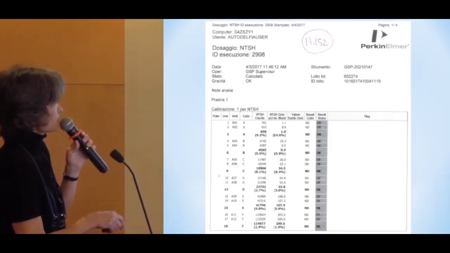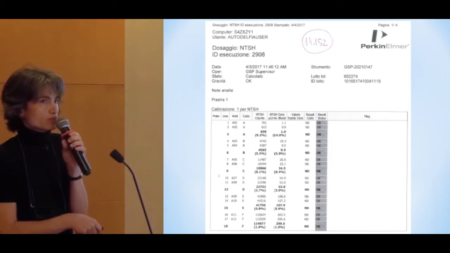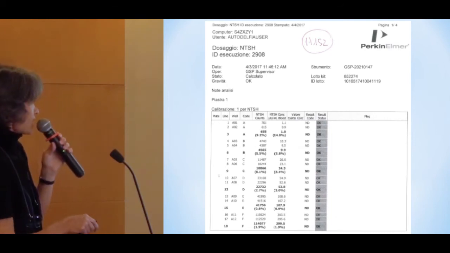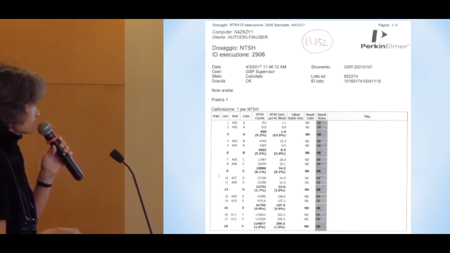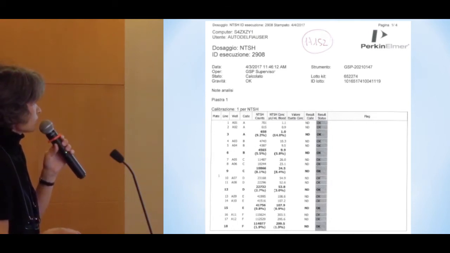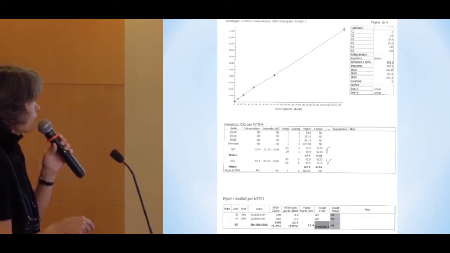And this is a typical layout from GSP. You might already know it by this time. As you can see, the concentration of TSH goes up just like the fluorescence. And the linear proportionality is well visible in the plot right here.